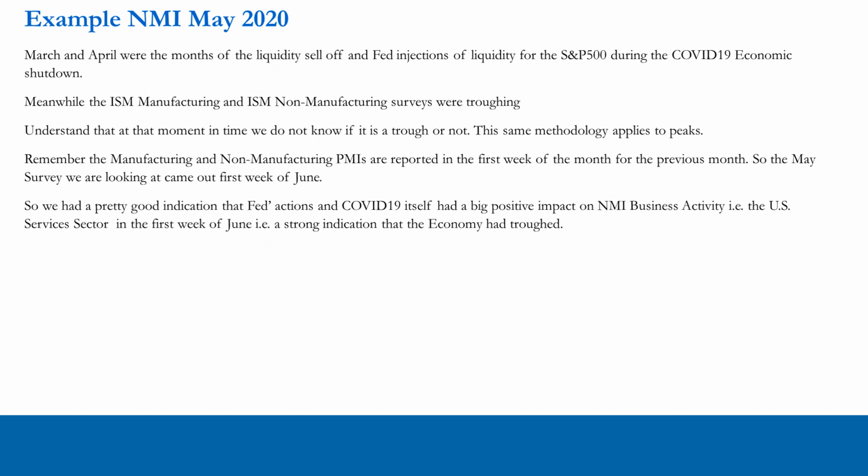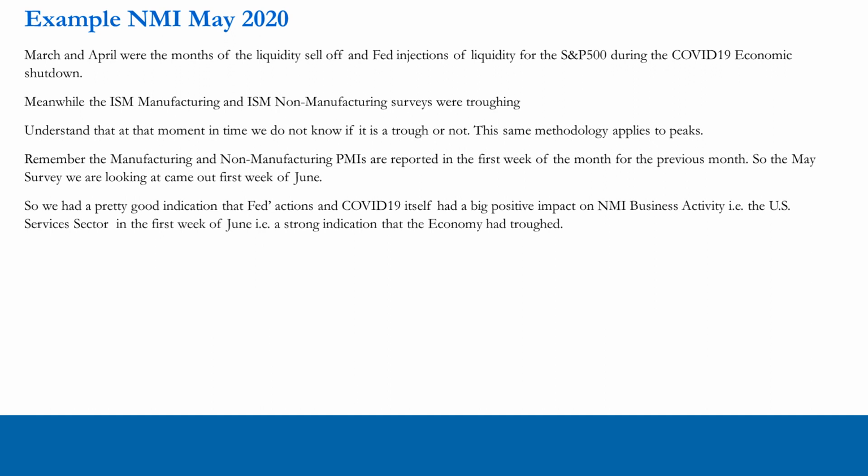Now you have to understand that at that moment in time, we obviously do not know if it is a trough or not. So this is in April 2020 when the NMI business activity was at 26 and the composite was at 41.6. We don't know at that moment in time.